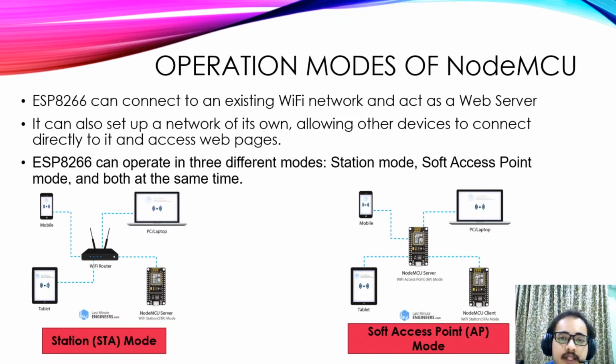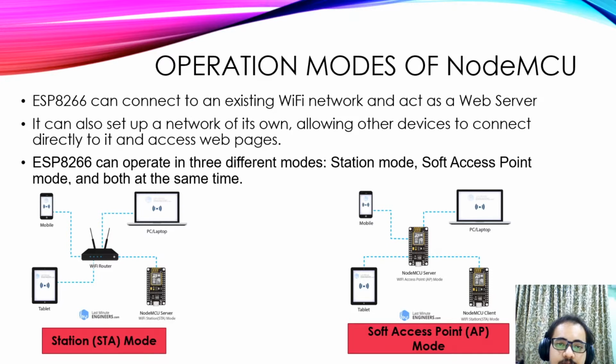The ESP8266, which is on the NodeMCU, can operate in 3 different modes: station mode, STA mode, soft access point, AP mode, and both. You can also do both at the same time. We tested using both and it works accordingly.